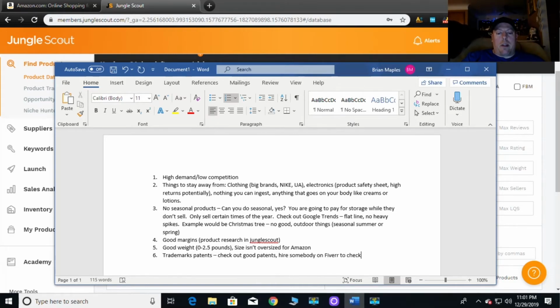And let me just talk about this real briefly. If it's not patented, it doesn't mean that you can sell it. If it's the same type of design, or if it can be confused with another product, especially those As Seen on TV ones, or something electronics like AirPods, if it looks enough like that, and if you were to use something like Apple or Velcro or some trademarked word in there, you can get your account kicked off.